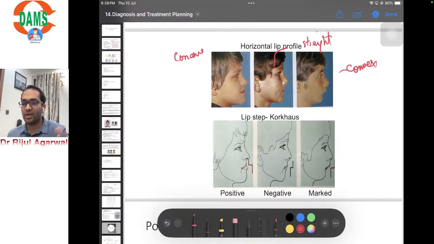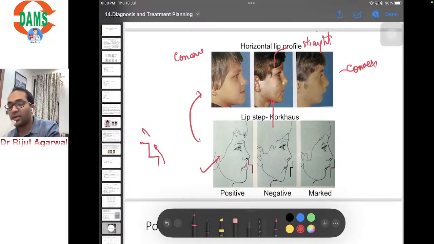If you remember a step, a positive step, it is like stairs, to go up. So positive step is part of concave profile, negative step in straight profile, and marked negative is a part of convex profile. Obviously convex means the mandible is behind or the maxilla is forward, so it becomes marked negative. So again positive is associated with concave. Imagine steps.